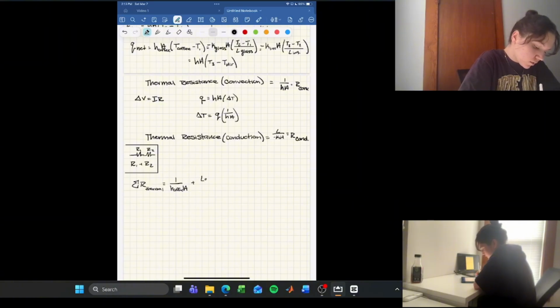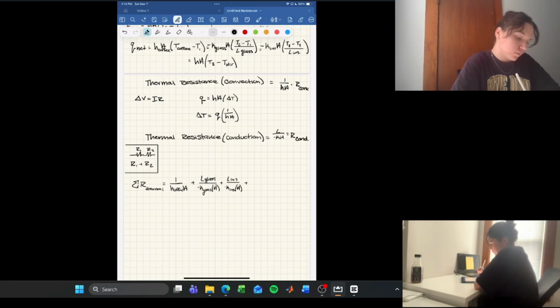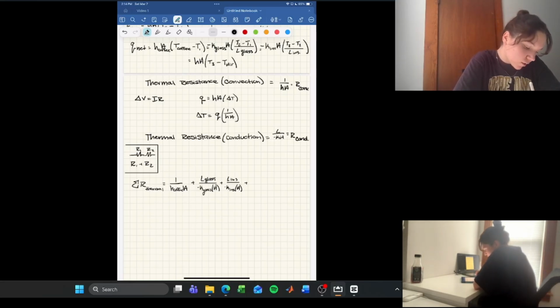It's going to be the length of the glass over the thermal conductivity of the glass times the area, and then the resistance by conduction again for the insulator is the length of the insulator over the thermal conductivity of the insulator times the area, and then the resistance by convection of the air is 1 over the heat transfer coefficient of the air times the area.